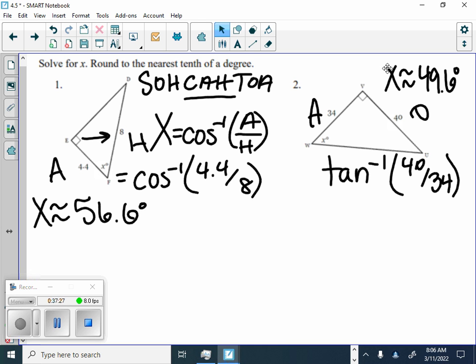Okay, once you've got both of them, check your answers with your neighbor. Be sure you have the degree symbol. This is a degree.